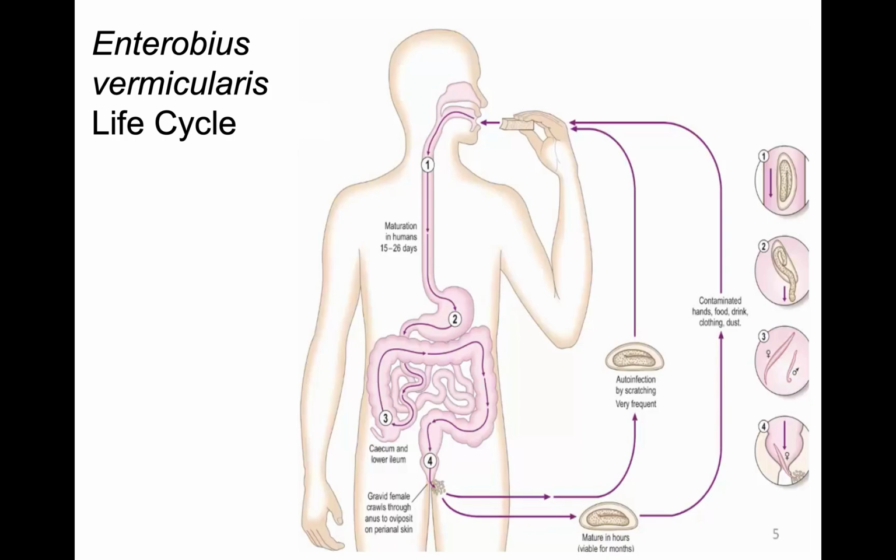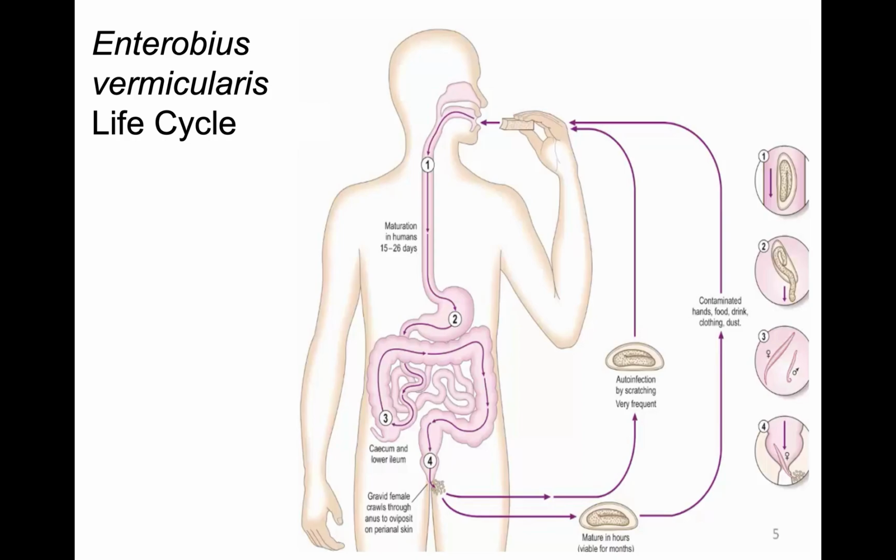On the perianal skin, because the eggs are very sticky, they secrete some glue-like substance to make sure they are stuck to the surrounding area on the skin. And because it's very sticky, it's stimulating, so the skin can be very itchy, and people, especially kids, tend to scratch.